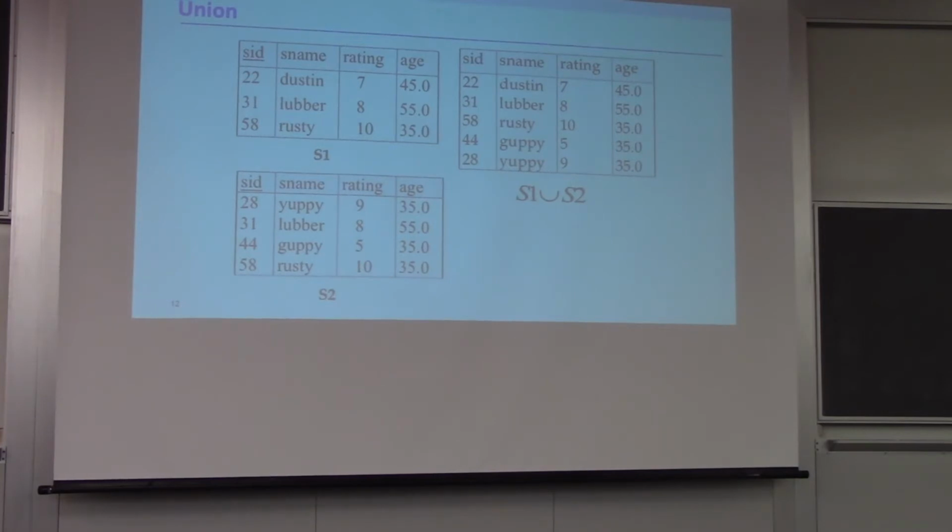So this one will also have unique rows, right? So that's the reason that we don't need deduplication on the selection operator. Now over here we need to have the deduplication, because 31 and 58 are present in both the relational instances.